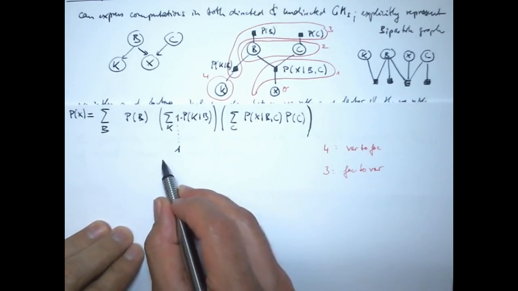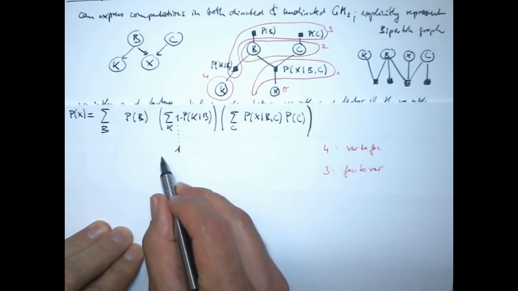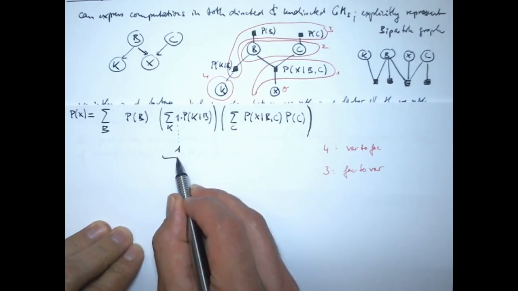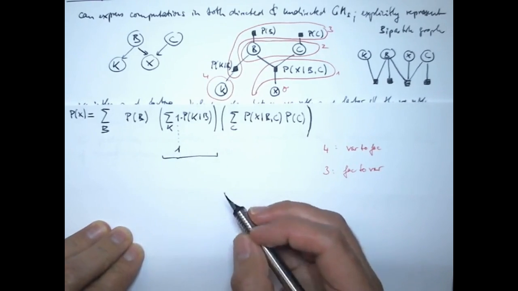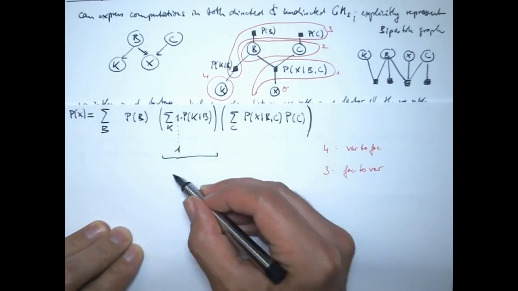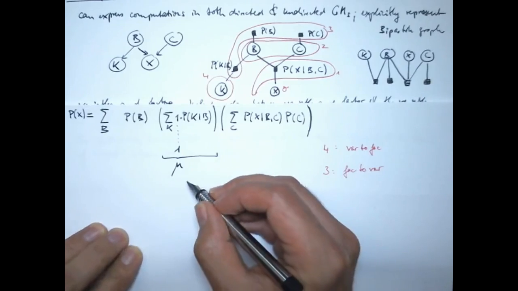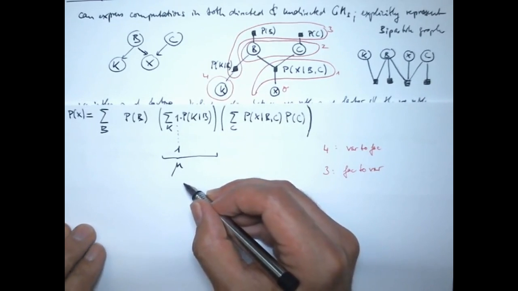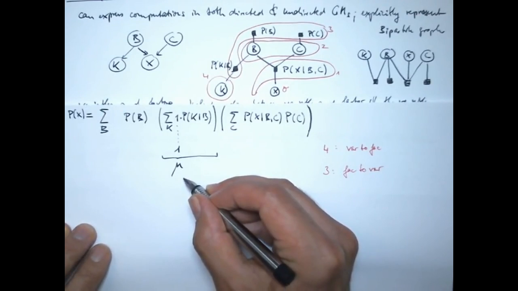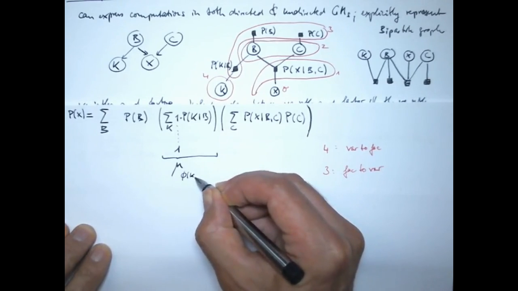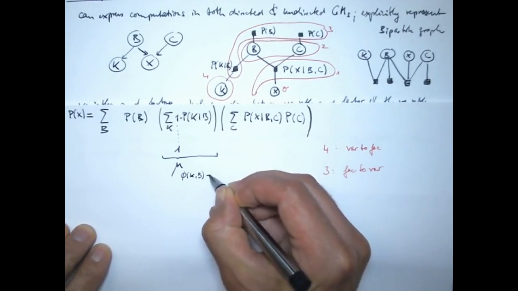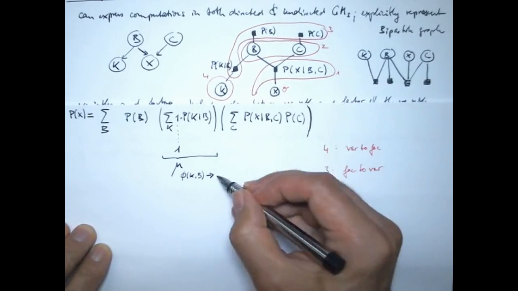So this part here would be my message from a factor involving k and b to variable b.